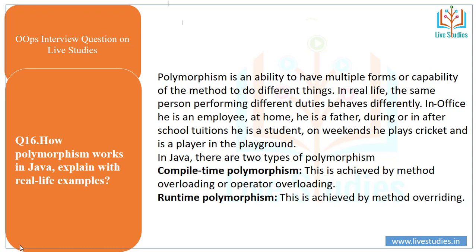Compile time polymorphism means the overloading concept, and runtime polymorphism means the overriding concept. Overloading means the method name is the same but the argument types differ. In runtime polymorphism, the method name is the same and the argument types are also the same.